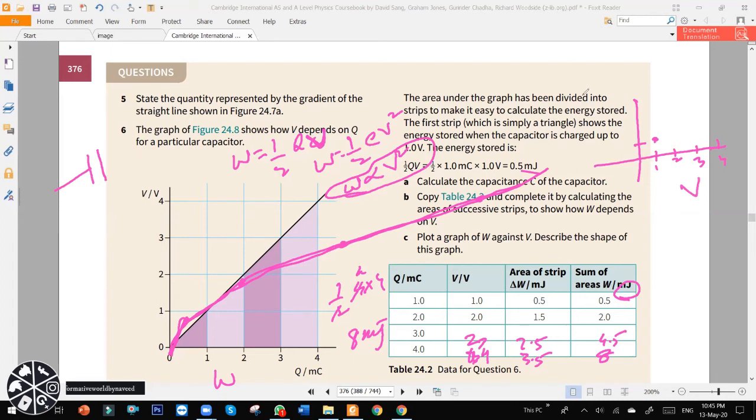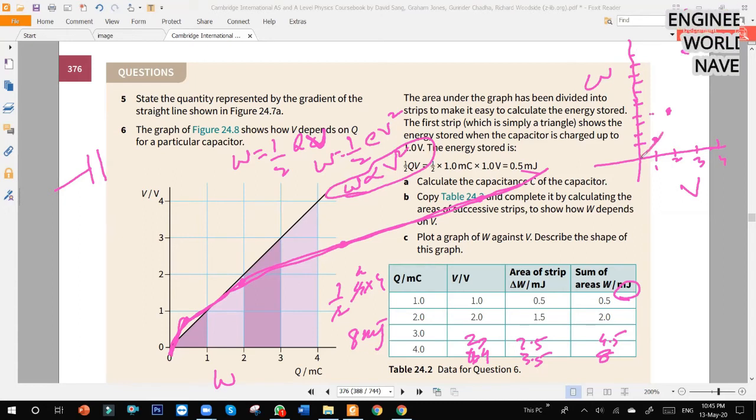So this is V, this is W. If V is equal to 1, then W will be equal to 1. If V is equal to 2, then W will be equal to 4. If V is equal to 3, then W will be 9. And if V is equal to 4, then W will be 16. So 16 will come over here. So your graph will rise exponentially like this.